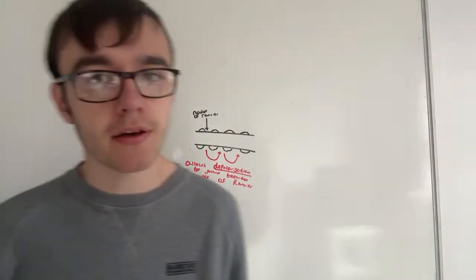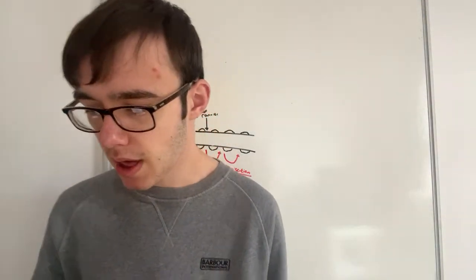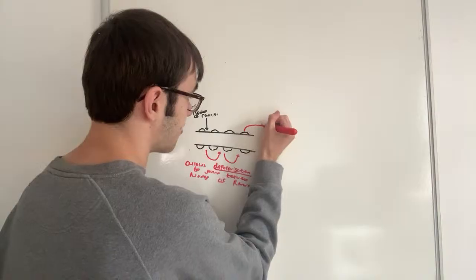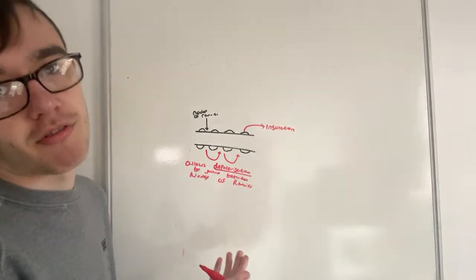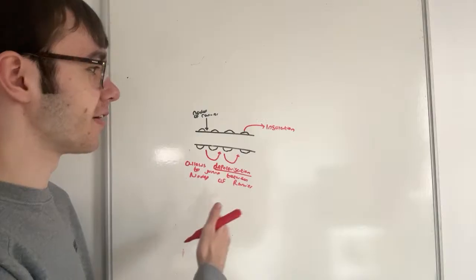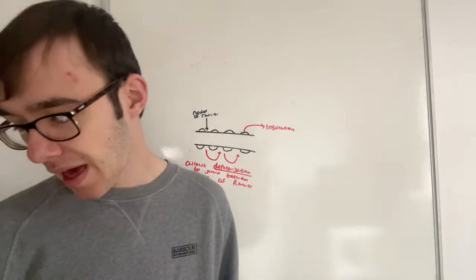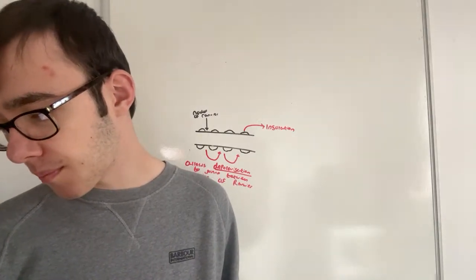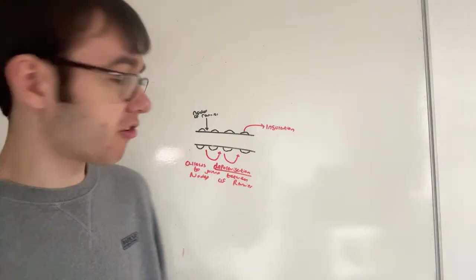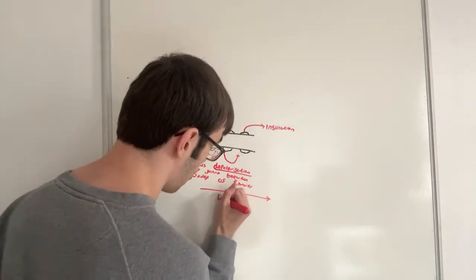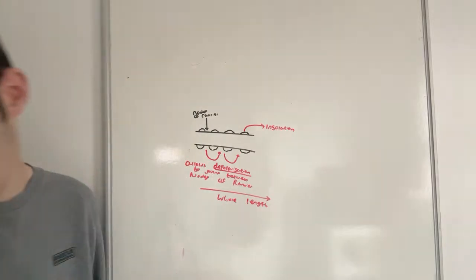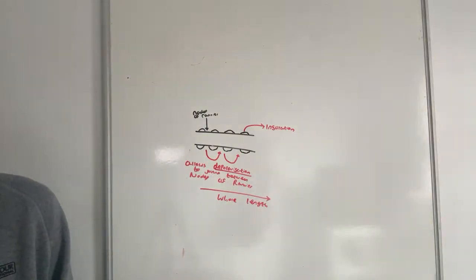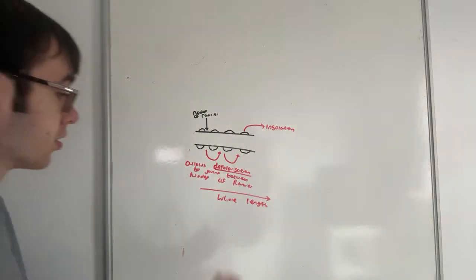The 2 marks that I forgot, which is obvious: myelination provides insulation. That's a nice one to remember. Myelination provides insulation. And depolarization occurs across the whole length of the axon in non-myelinated.